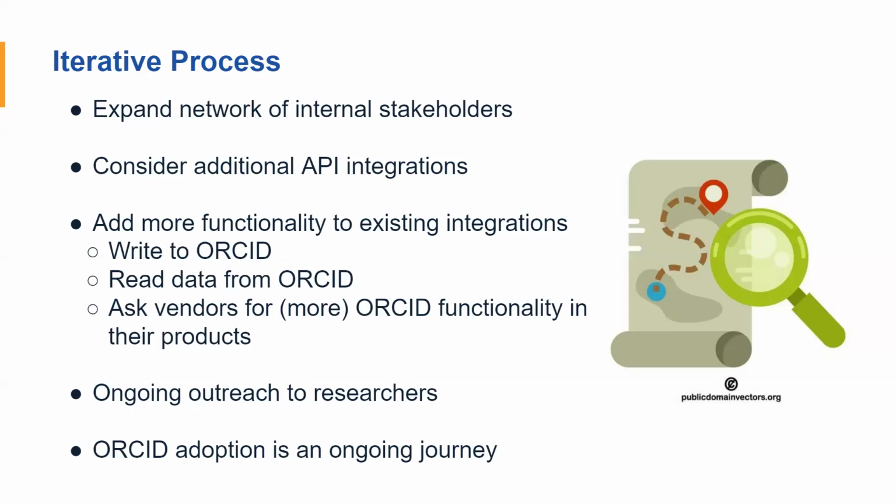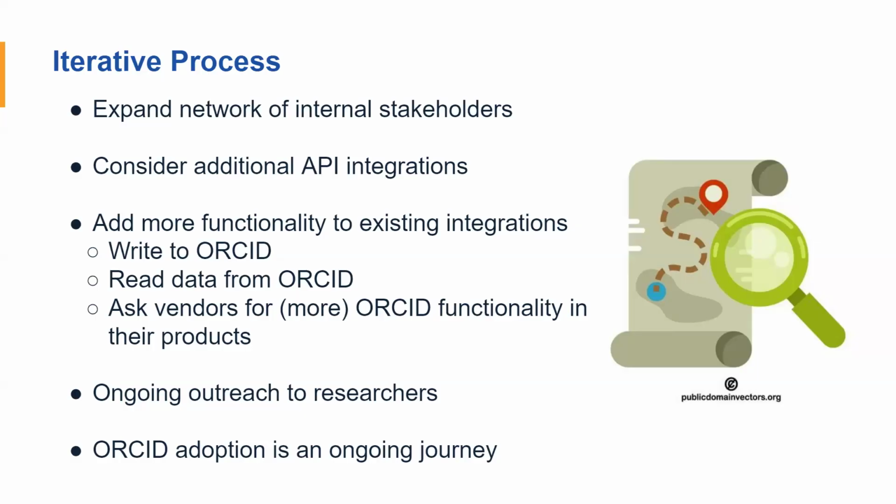So if you already have some API integration, one or more, you can keep thinking about other workflows and other software systems that might benefit from integrating with ORCID. Things like adding more functionality to existing integrations. For example, if you're not already writing data to ORCID records, that's a next step you can think about. Same thing with reading data from ORCID records to streamline any data collection workflows that you might have.